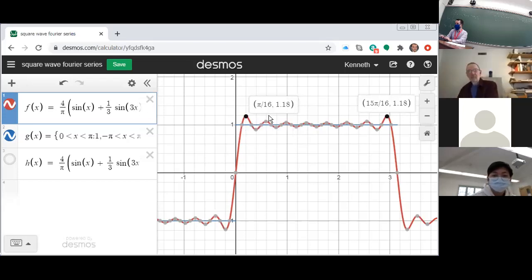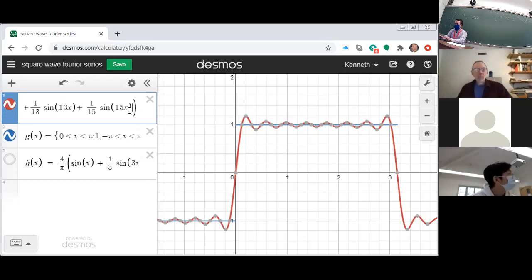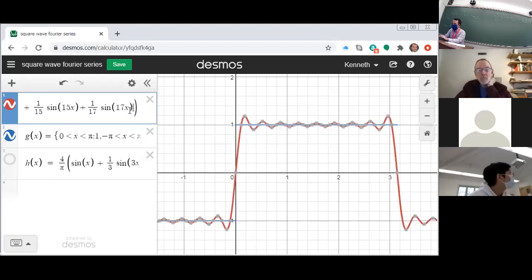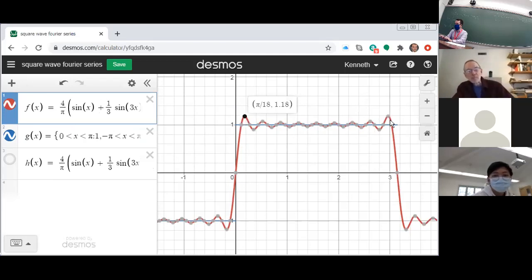So they are shifting. Before it was pi over 12, now it's pi over 16. The y value was 1.18. So let's continue to look. Yeah, Halloween's coming up. So 1.18. So still, that y value is not coming down.